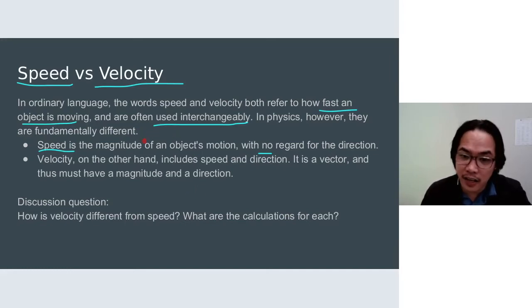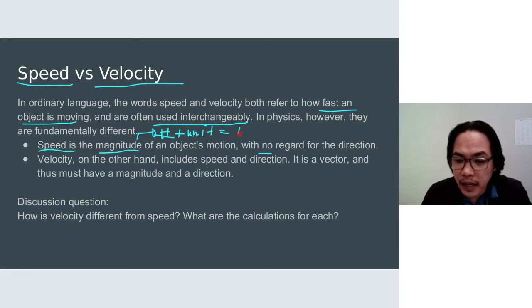Speed is scalar. When we say magnitude, just a review, it refers to a number plus a unit. For example, if you write 10 meters or 10 meters per second, that refers to magnitude. It is scalar because it doesn't have a direction at all.